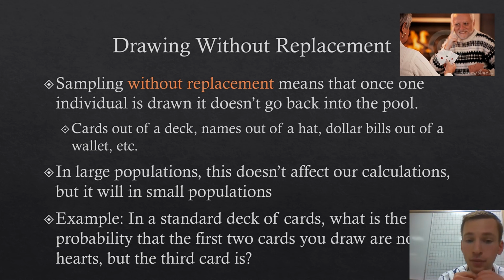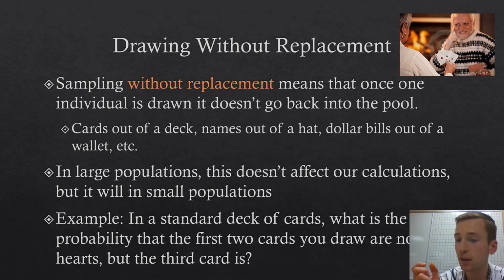So for example, in a standard deck of cards, which is 52, we might want to know what is the probability that the first two cards you draw are not hearts, but the third card is. So for the first card, we are drawing out of 52 cards, and we don't want the first one to be a heart, so that would be 39 out of 52 cards.